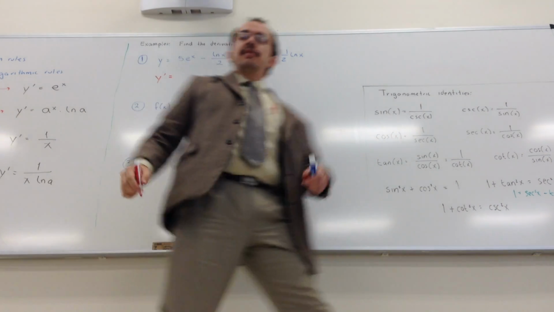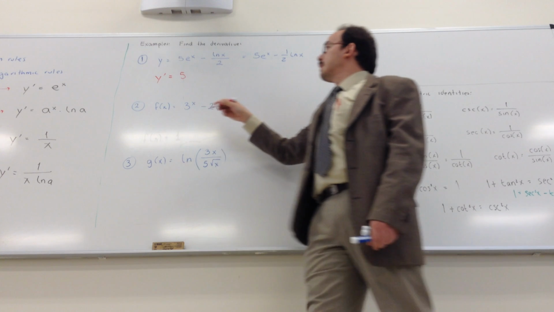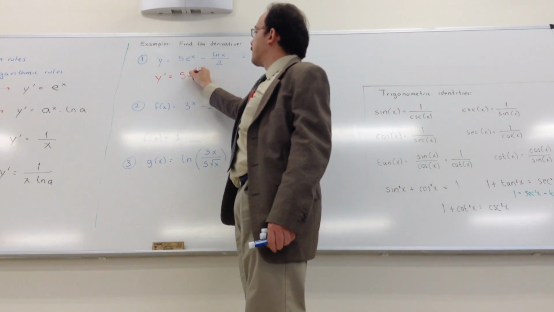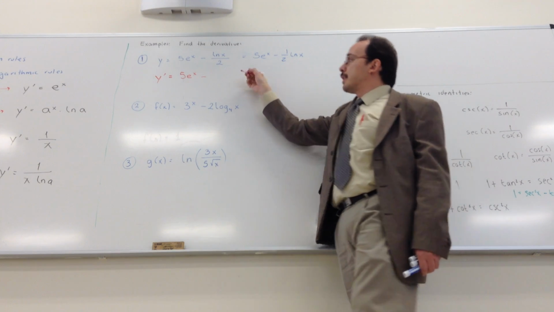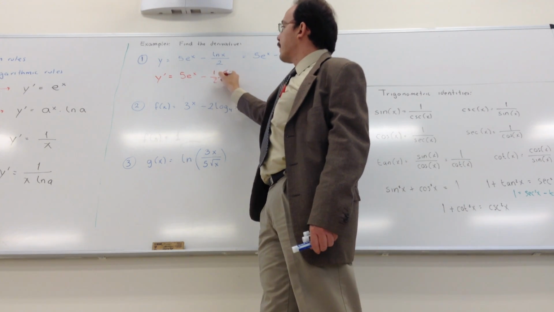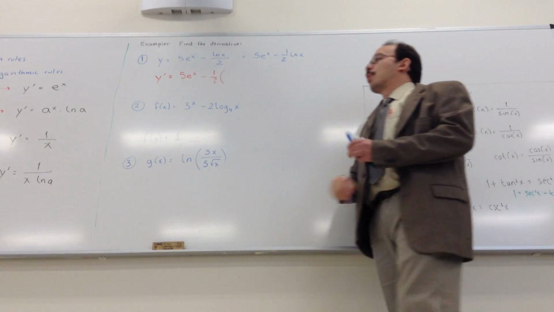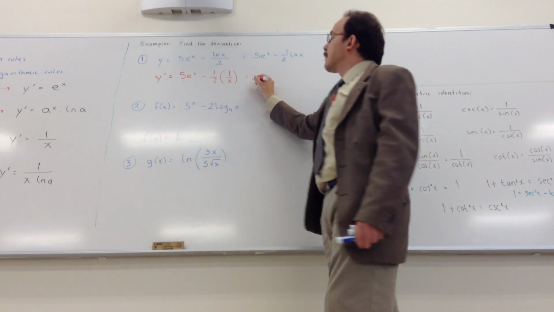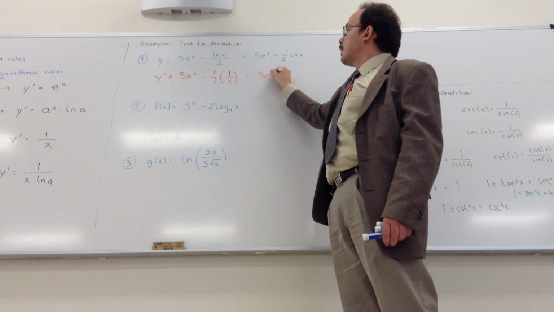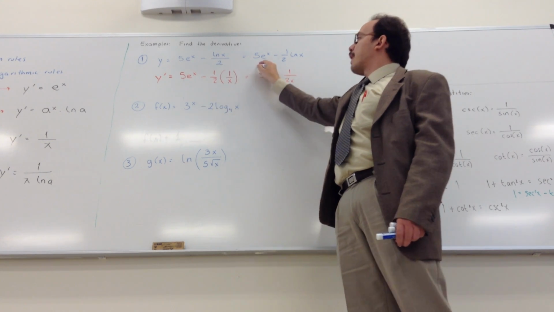If it's 5 e to the x, we need the 5, and the derivative of e to the x is e to the x, so it's the same thing. Minus 1/2 ln of x, we need the 1/2, the coefficient, times the derivative of ln of x, 1 over x. So, to simplify, 5 e to the x minus 1 over 2x, just multiplying the two fractions.